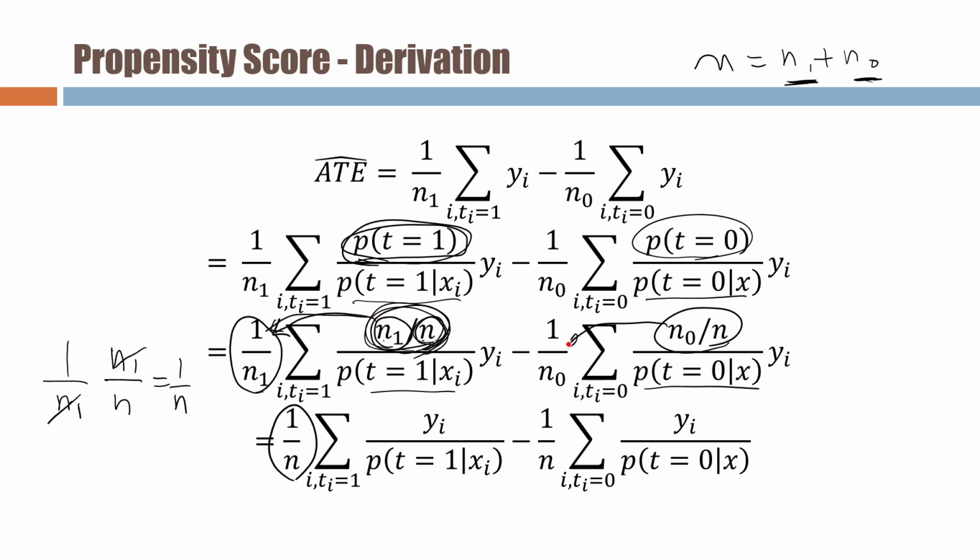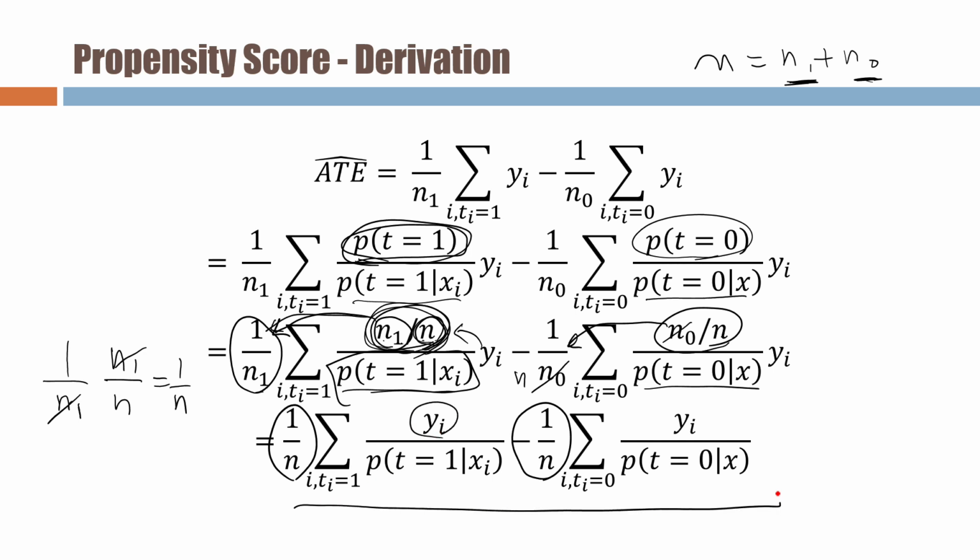Same thing, it comes out as n0 divided by, and then this divided by n comes down here, then it becomes this one. So only these things are left, and then yi we can write on the top, and this is the formula we saw. This is a propensity score estimate of the ATE.